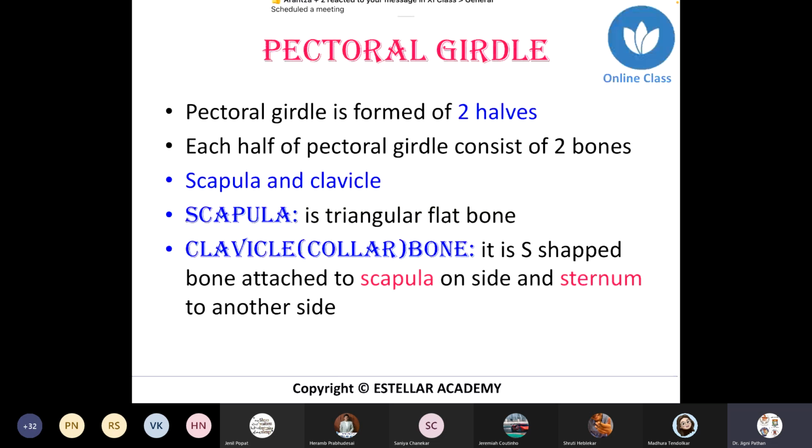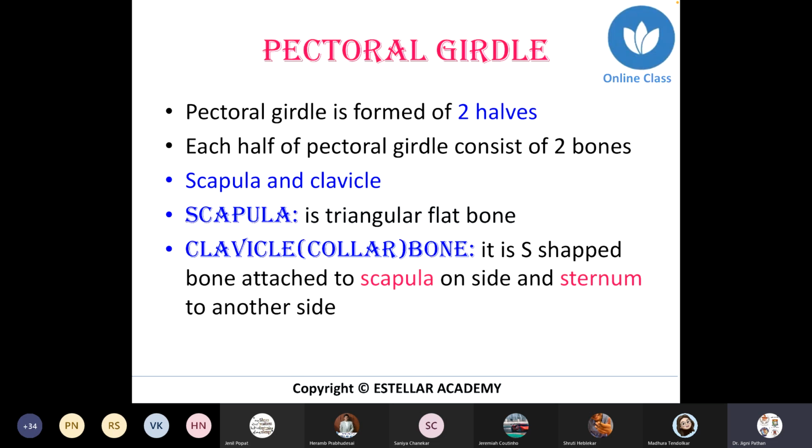Remember clavicle notch? Manubrium of sternum. Yes. The clavicle notch is present on the manubrium of sternum.